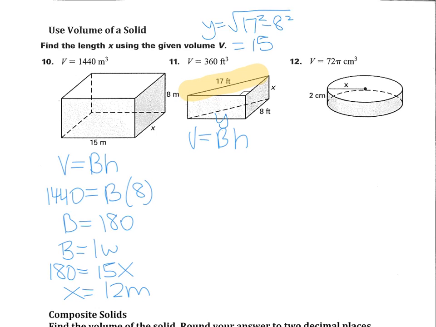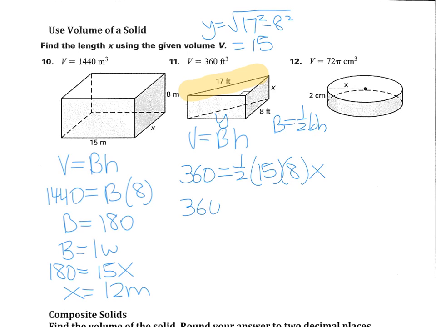So that I can put in my formula. Remember, for a triangle, I need that 1/2. 15 is the one leg, 8 is the other, and I'm trying to find the height. And we divide by 60, so you'll get 6 feet.